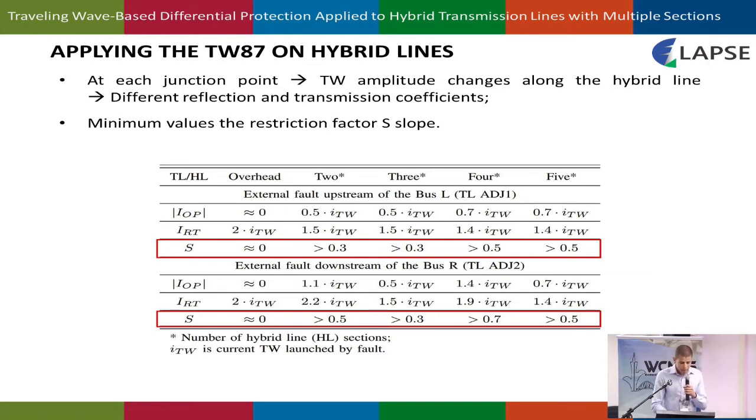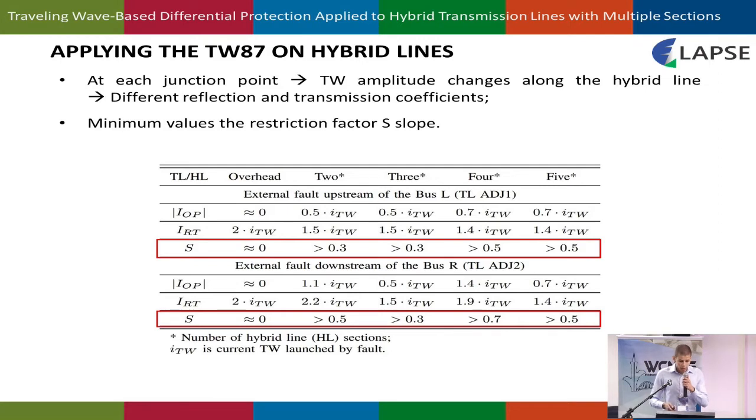As a consequence, the TW amplitude changes along the hybrid line, making it possible to estimate the TW87 values with reflection and transmission coefficients.